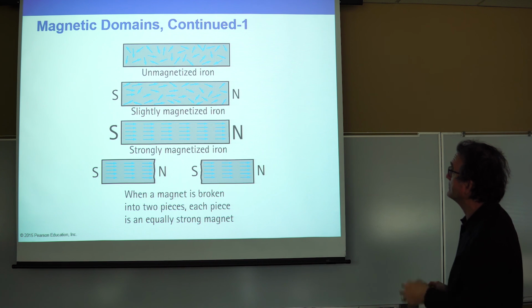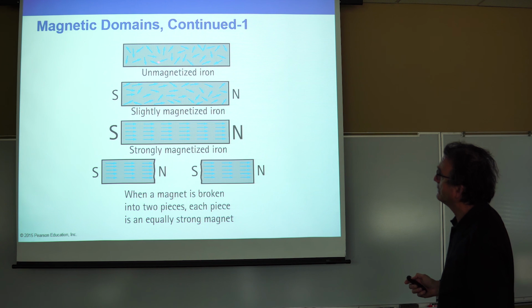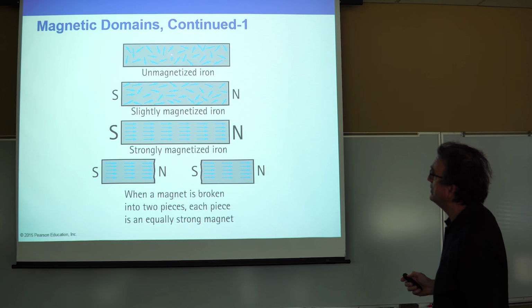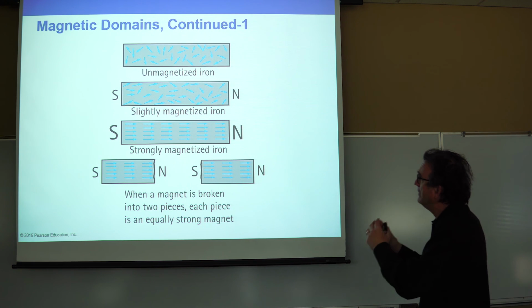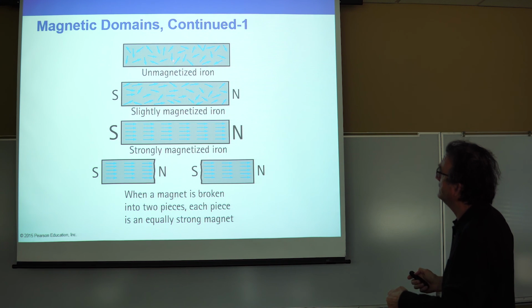Magnetic domains can be described as what we would say is unmagnetized iron, where the domains all have random orientation. The electron spins are all lined up and spinning in the same direction within the domain, but from one domain to another they are not.